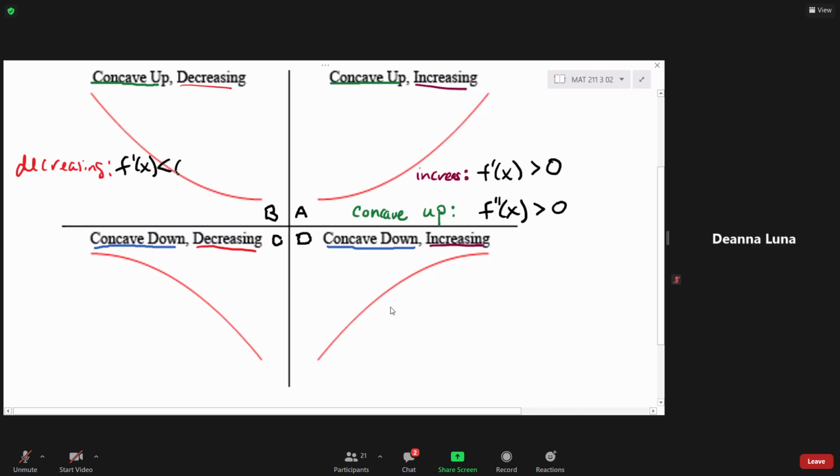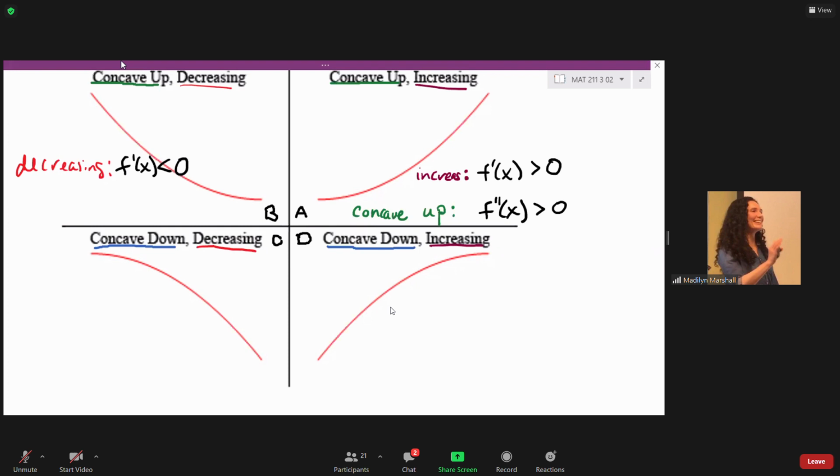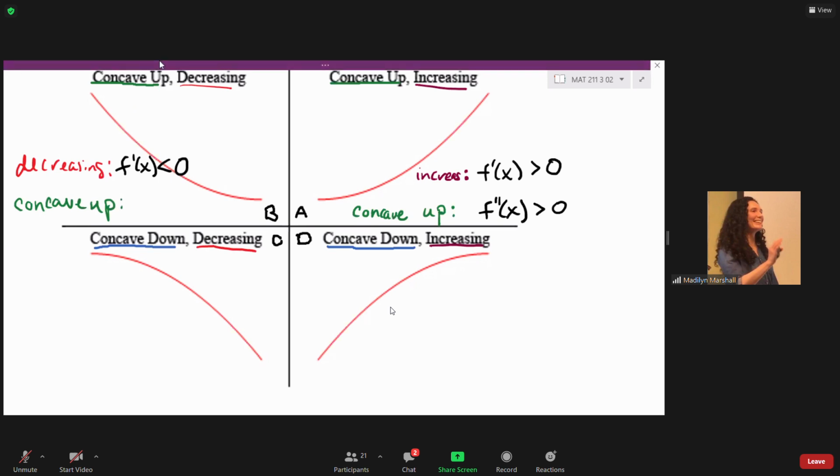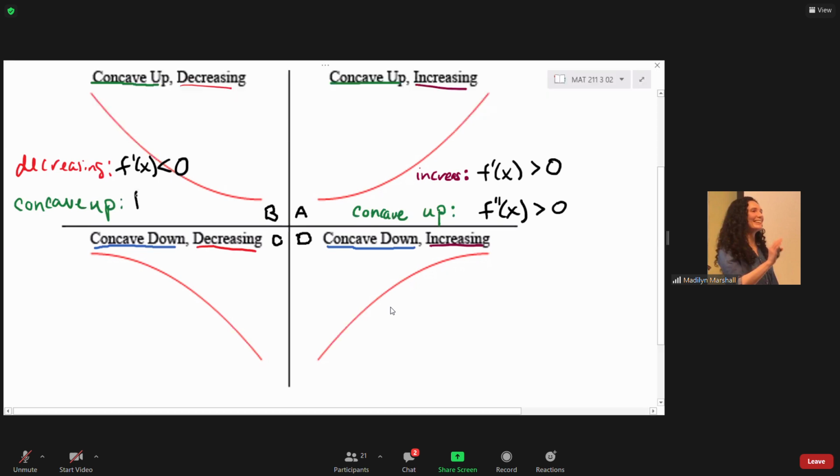Negative, exactly. So the decreasing part tells us that f prime is less than 0. And we also know that this graph is concave up. So is f double prime positive or negative? Positive, exactly.